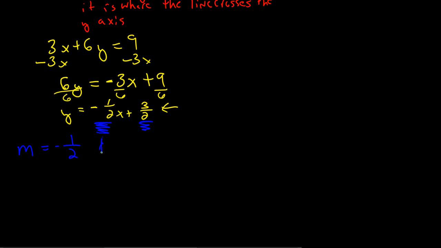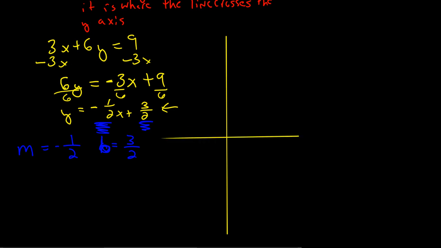And it intercepts the y-axis at 3/2. So if I draw a little axis here, and I come up 1.5, there's 3/2, and I go down 1 over 2, about like that.